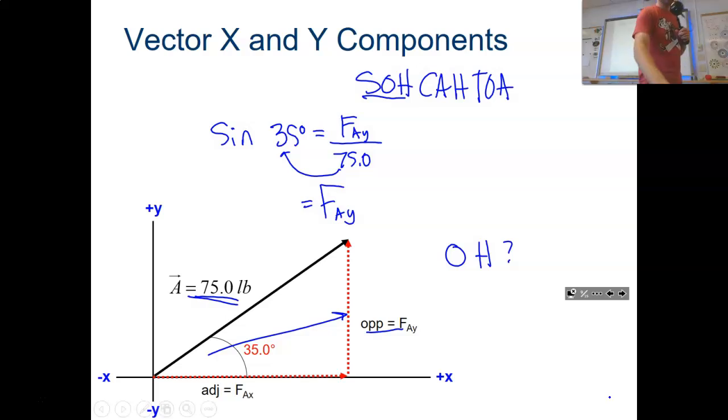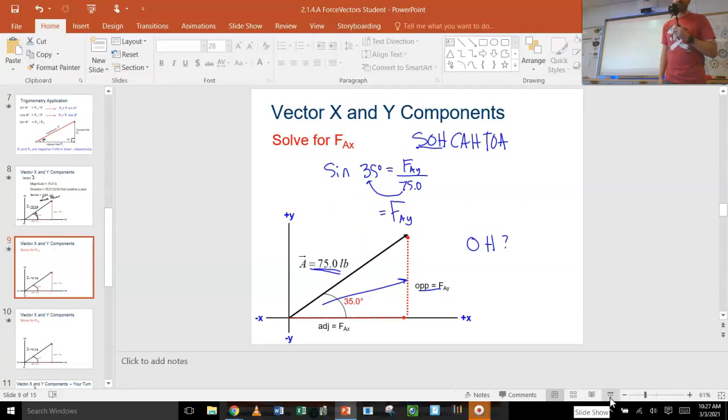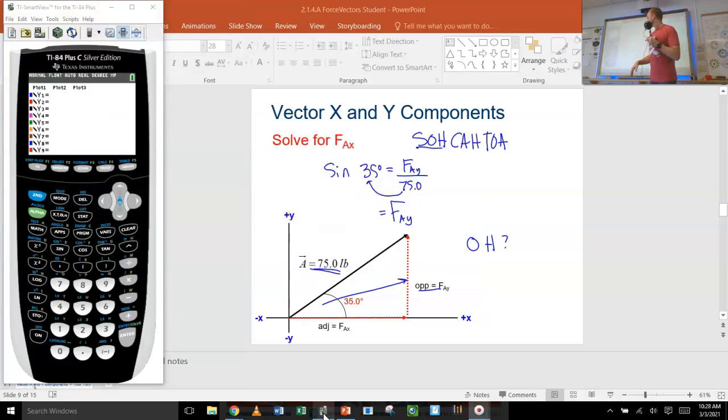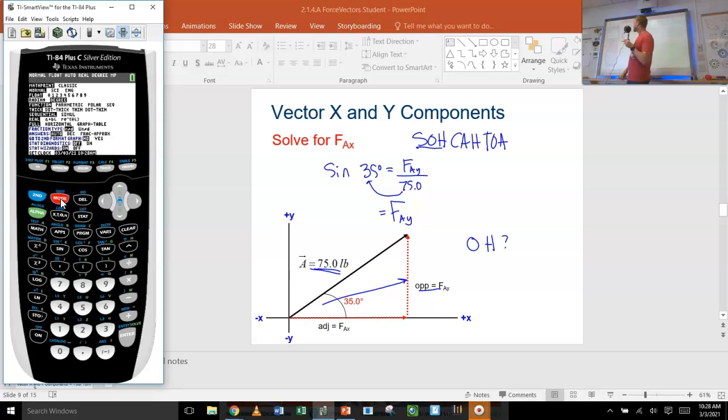So I'm going to pull out my calculator, and I'm going to take 75 times the sine of 35. So bear with me as this thing loads. The first thing that you want to do in your calculator is to make sure that it is in degree mode. So I'm going to hit the mode key, and the third one down says degrees. If I arrow down a couple times, you'll see it says degrees there.